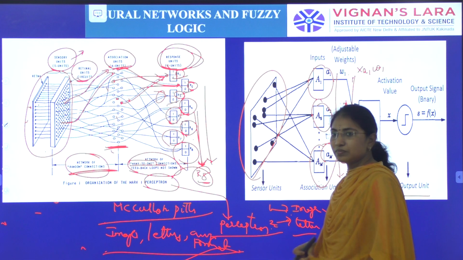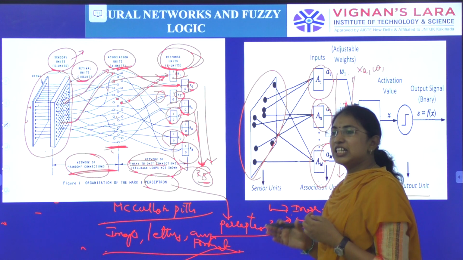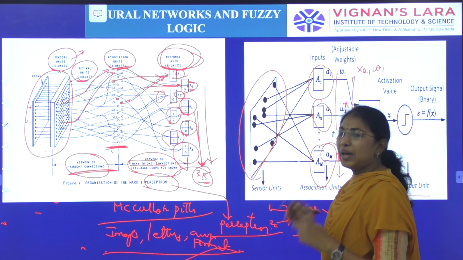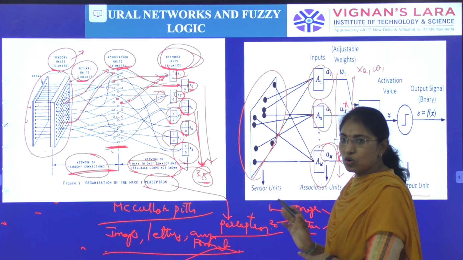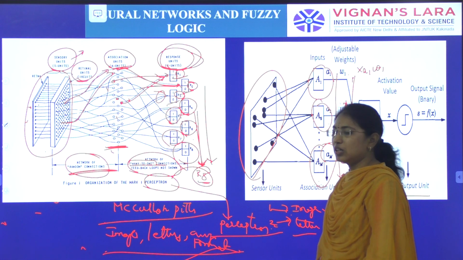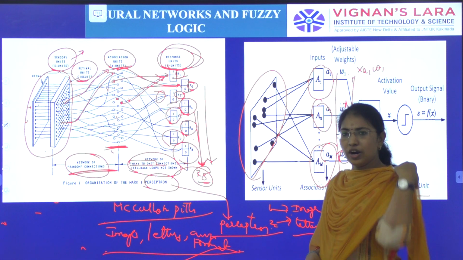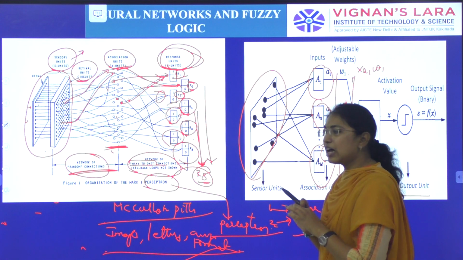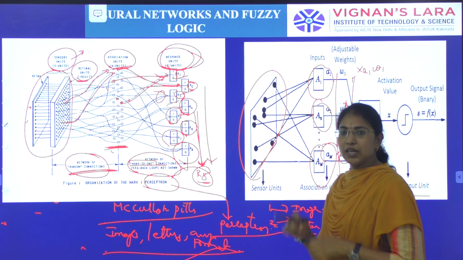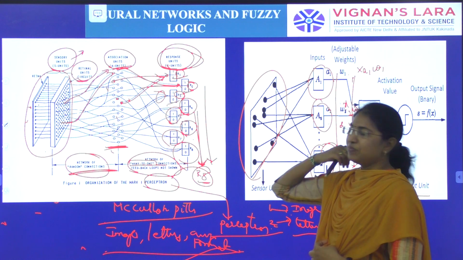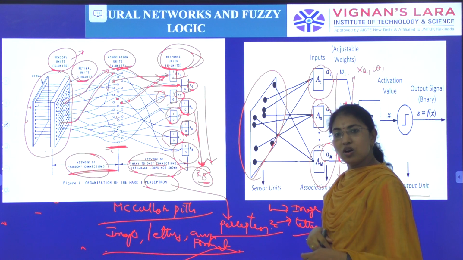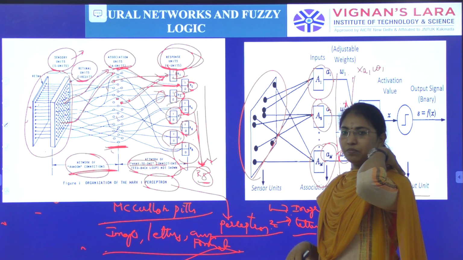So this is the basic difference between the McCulloch-Pitts model and the perceptron neuron model. In the McCulloch-Pitts model, the data will be of one type, which is binary type. Either the input can be 1 or 0, and that is directly taken.